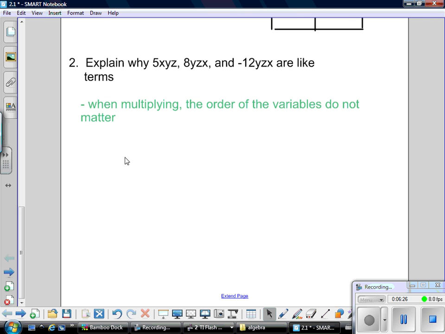So if I take some things that I know are numbers, such as 5 times 3 times 2, 3 times 2 times 5, 2 times 3 times 5, there are three terms being multiplied together, and notice order doesn't matter. When I multiply all those together, they all equal 30. So order of variables does not matter because order of multiplication does not matter when everything's just being multiplied.